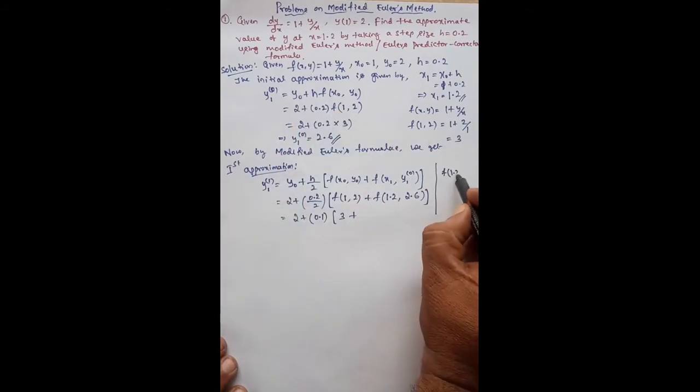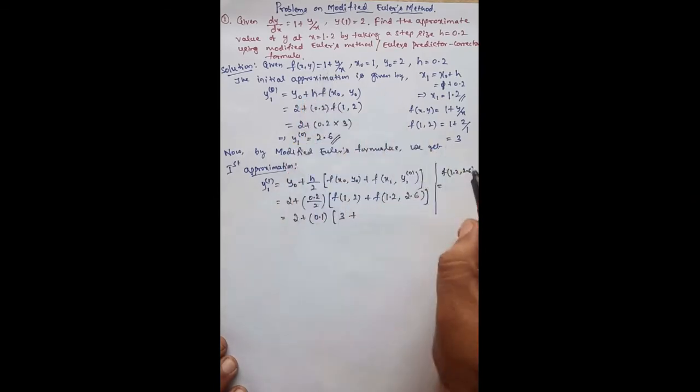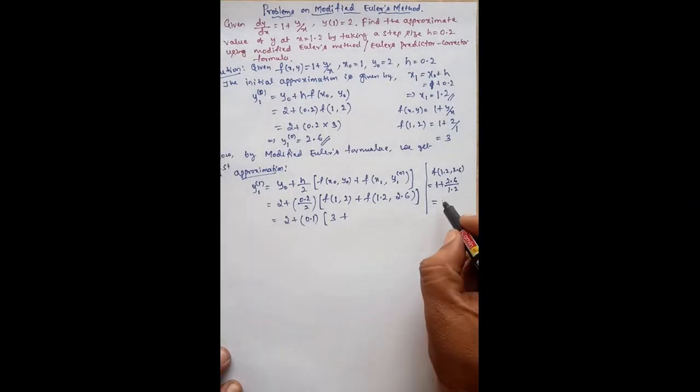f of 1.2 comma 2.6 is equal to, so substitute here, 1 plus y, y is 2.6 divided by 1.2. So if I simplify this one, we get 3.1667.